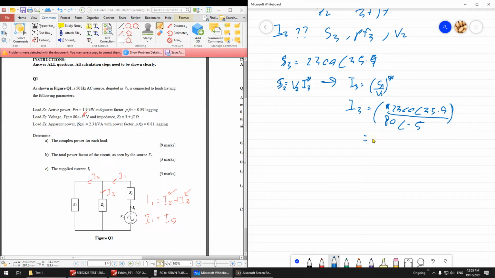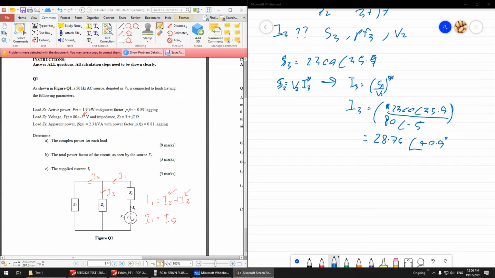So the current is, let me calculate this, pause first. So you get the second current, the third current.